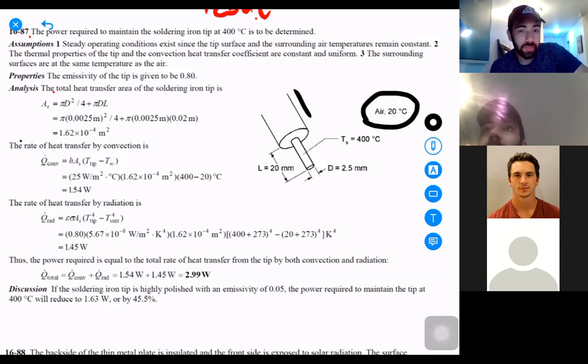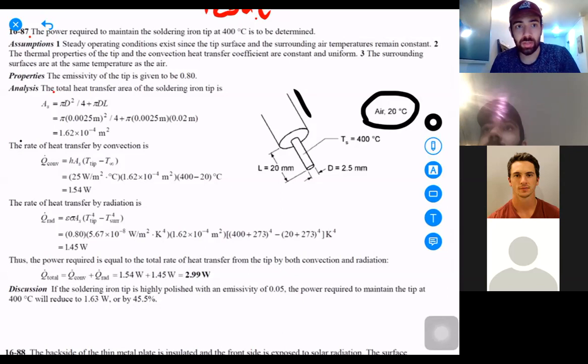One is convection, the other is radiation. Radiation happens because the air is making an enclosed area between the surface and the total surrounding of it. And the convection is happening because the air is actually flowing over the tip of this iron.